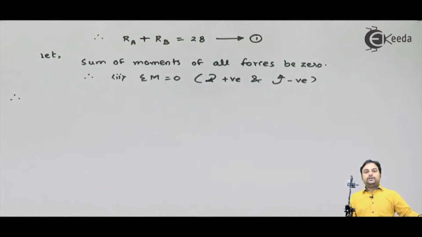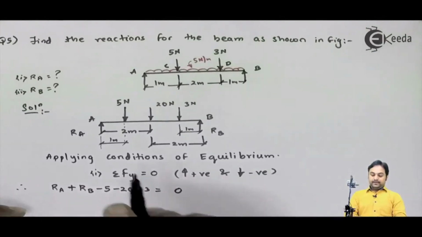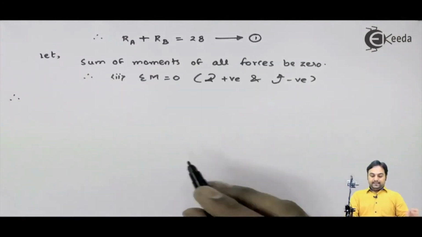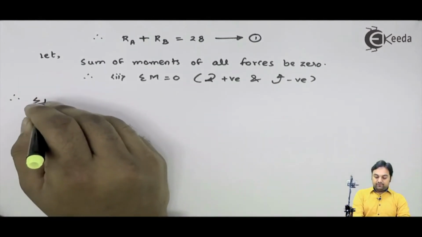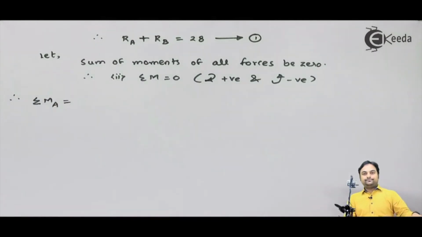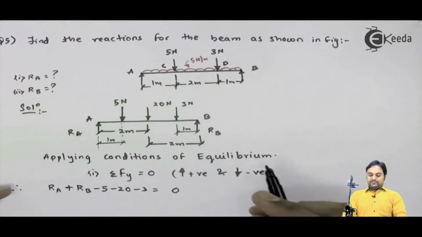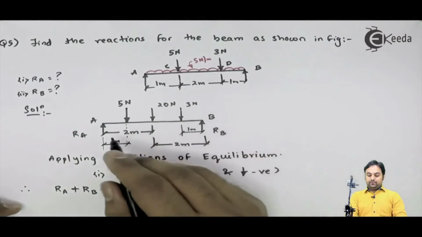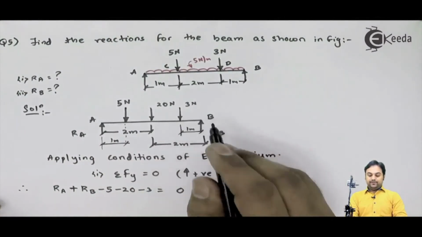Therefore, here I will be taking the moment at point A. I'll write it as summation of moments about A is equal to, I will start with the most extreme force, that is RB.